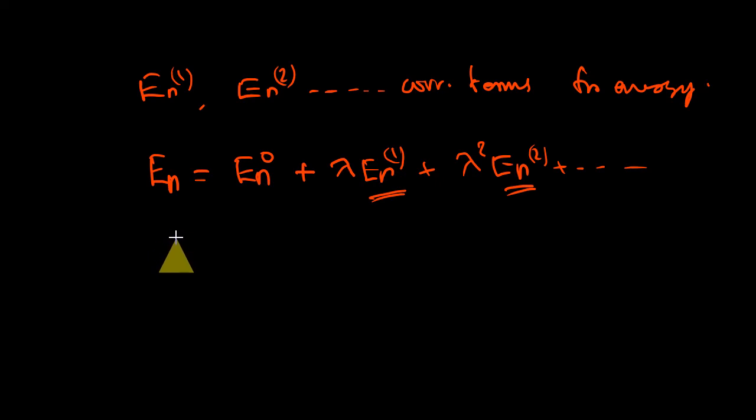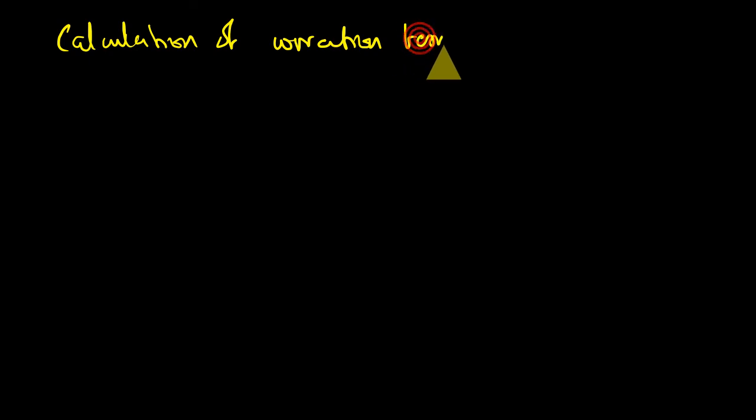That is what we are going to look at in detail now. So let us go for the calculation of the correction terms. How can we calculate the correction terms?